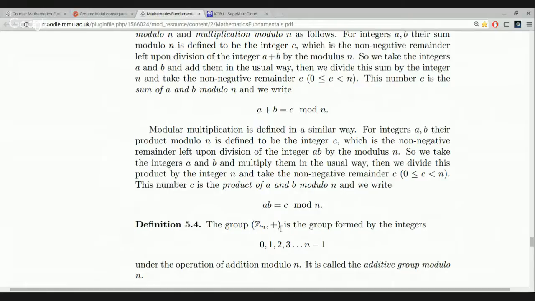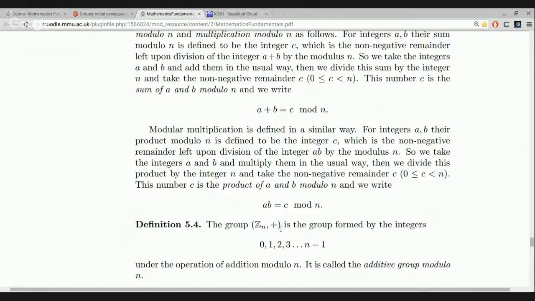Let's consider modulo 8. Consider the products 2 times x, where x is an element of Z8, which is the set of elements 0, 1, 2, up as far as 7.